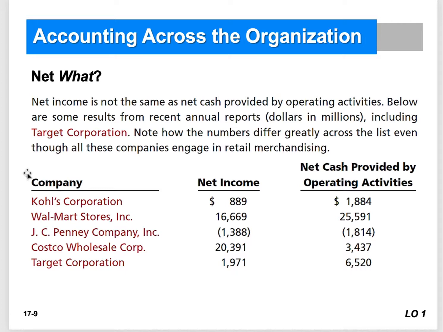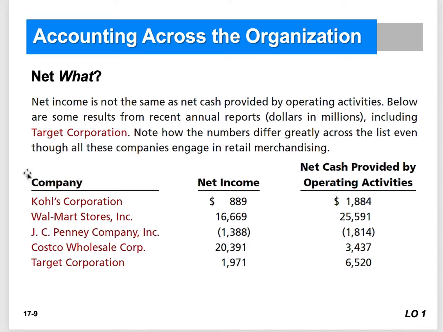It's probably 2016 or 15, I would imagine. But anyways, Kohl's has net income of $889 million, right? But what is their net cash provided from operations? Well, they got $1,884 million.